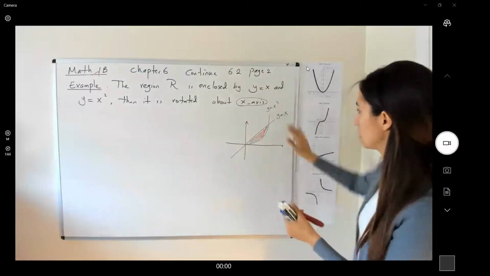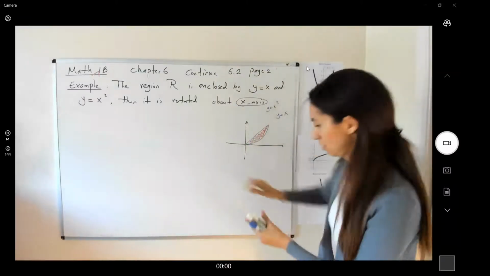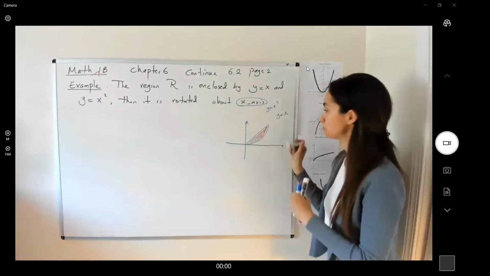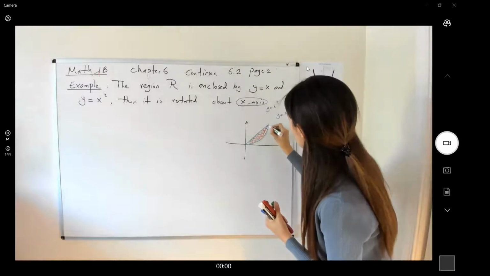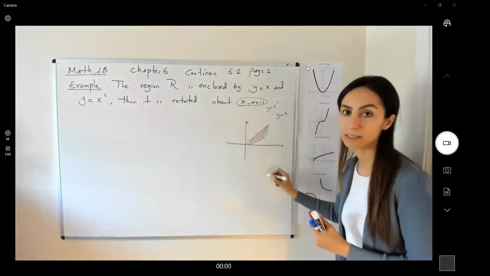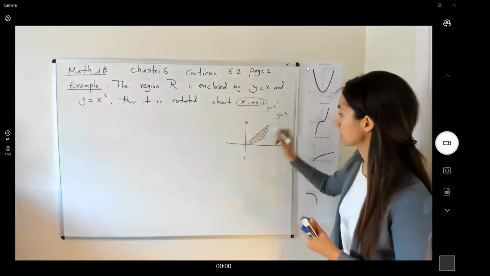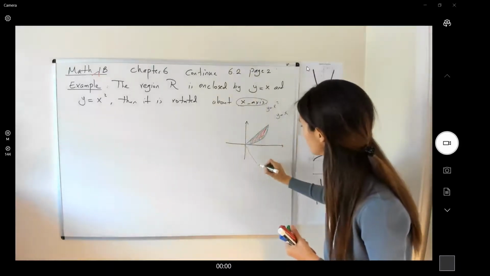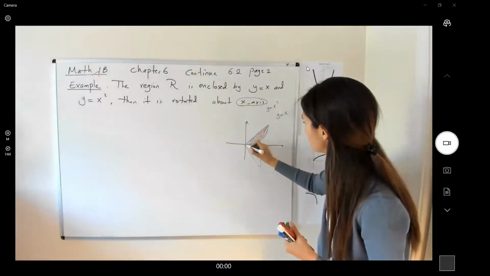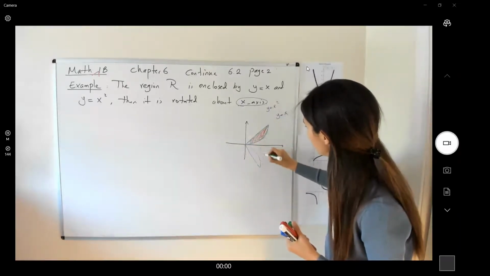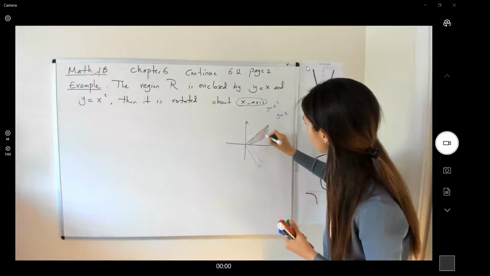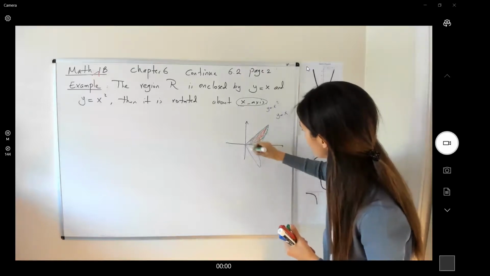So we're taking this little region here, and start rotating this guy around x-axis. So it's going to be like this. And if you just connect these together, you have your three-dimensional object.